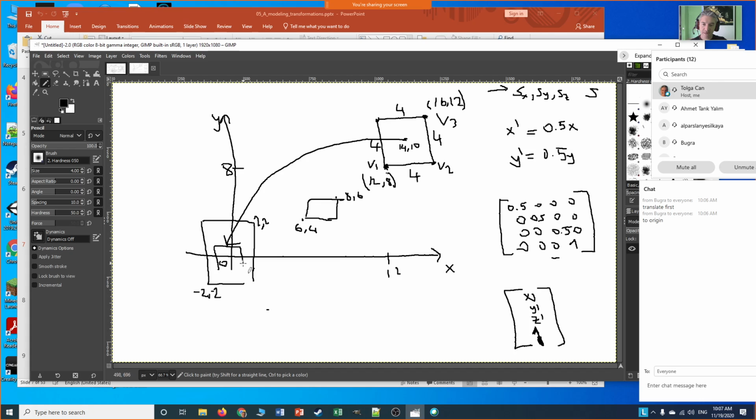If you apply this scaling transformation to something that is centered around the origin, as you can see, it didn't move at all. Its center still stayed at the center: -1, -1, and this is 1, 1. After it became -1, -1, 1, 1, you translate it back to the original location.